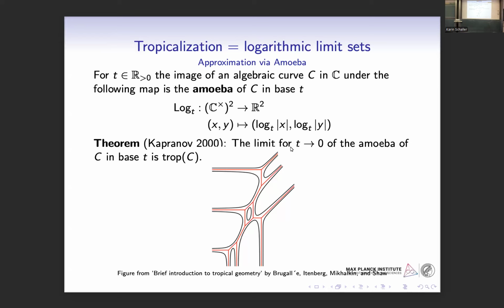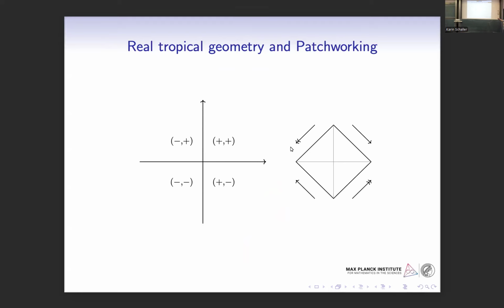Now, the idea that I want to give you, because I don't want to get too deep into the theory, is that when we take the absolute value of x and y, because we need this to apply the logarithm, and instead of C we look at R, we forget which quadrant our points come from. So we want to introduce three more quadrants that remember where the points come from.